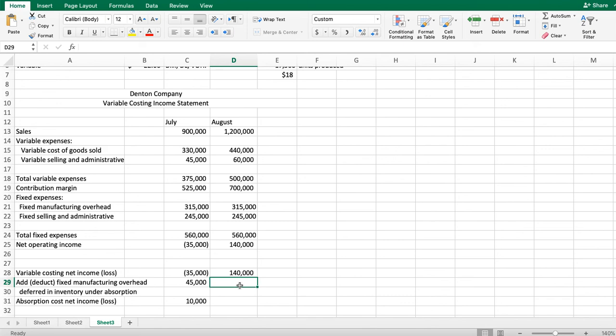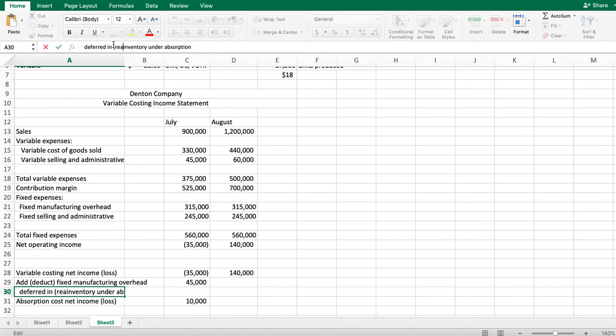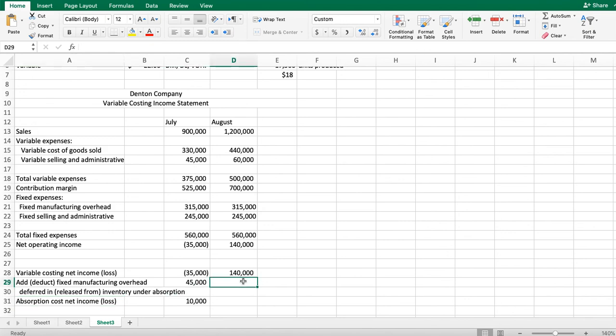And so you have to really read this right here. You add or deduct, and on this one we added, fixed manufacturing overhead deferred in, and I need to add, or released from inventory. So we had some units released from inventory is basically what that means.